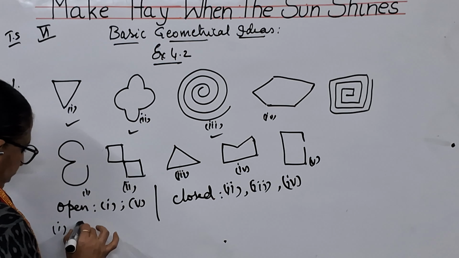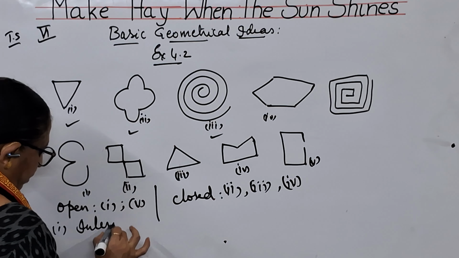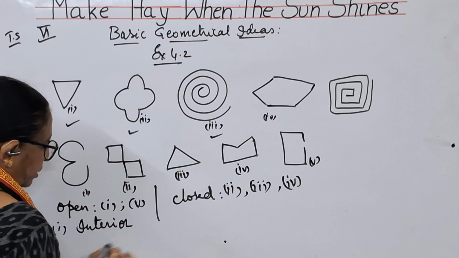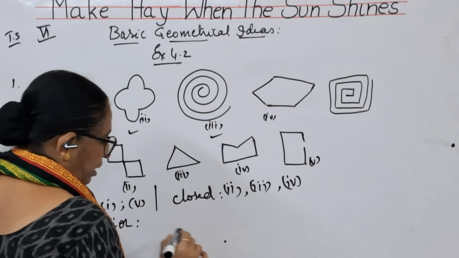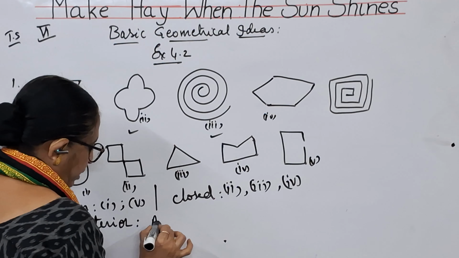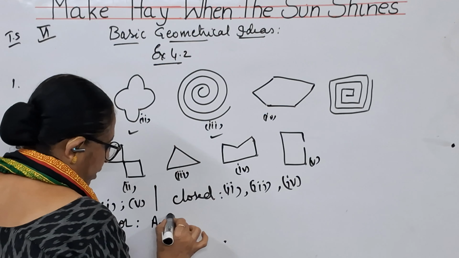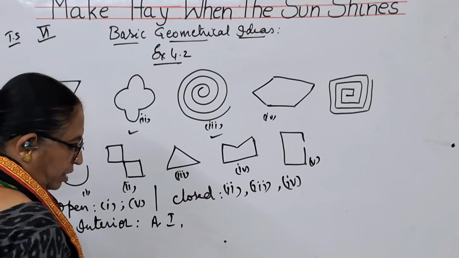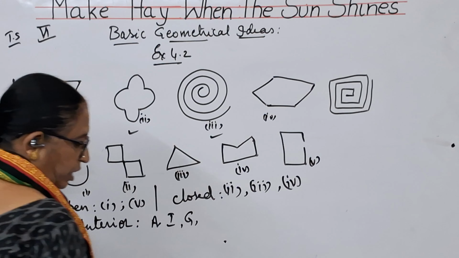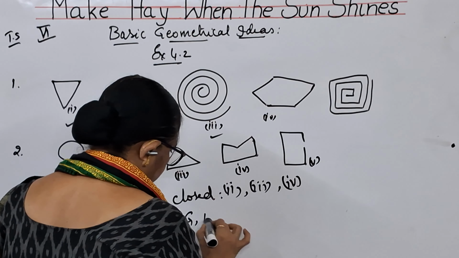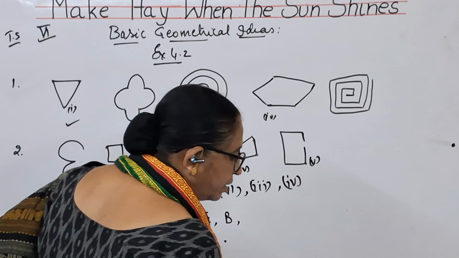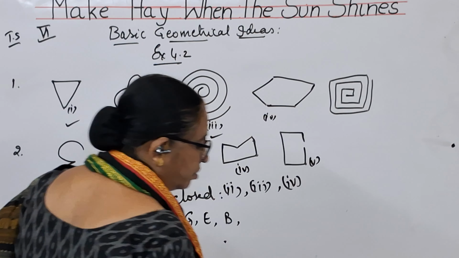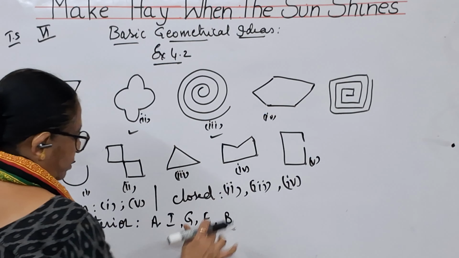First question, interior. What are the letters that are there? Interior means inside. Inside I have got letter A is there, and I is there, G is there, E is there, B is there. That's all. These are the ones which are there inside.